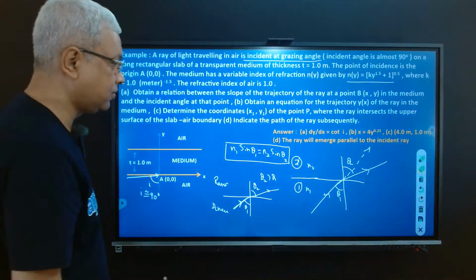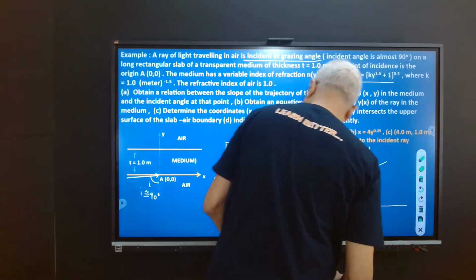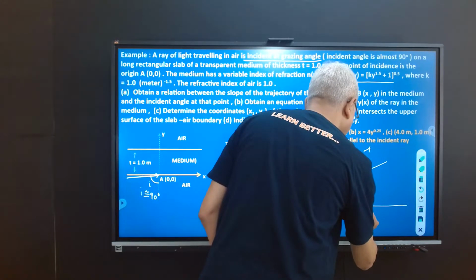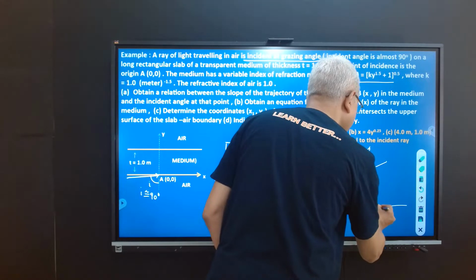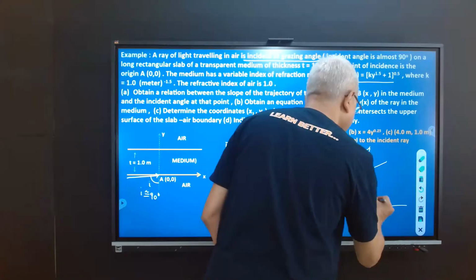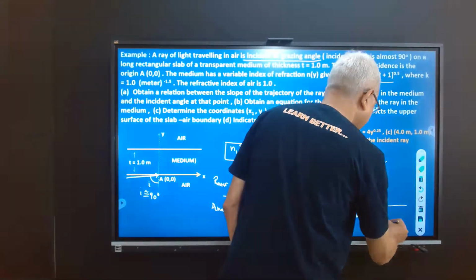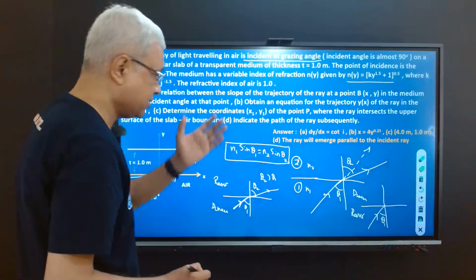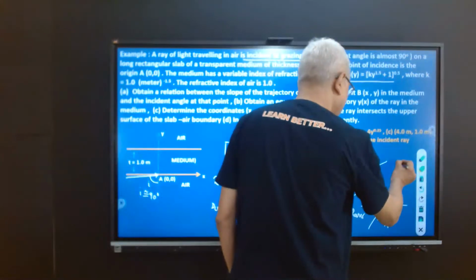Whereas in the reverse case, that means when the ray of light strikes from rare to denser medium, this is the angle of incidence, and after refraction, the refracted ray comes nearer to the normal.